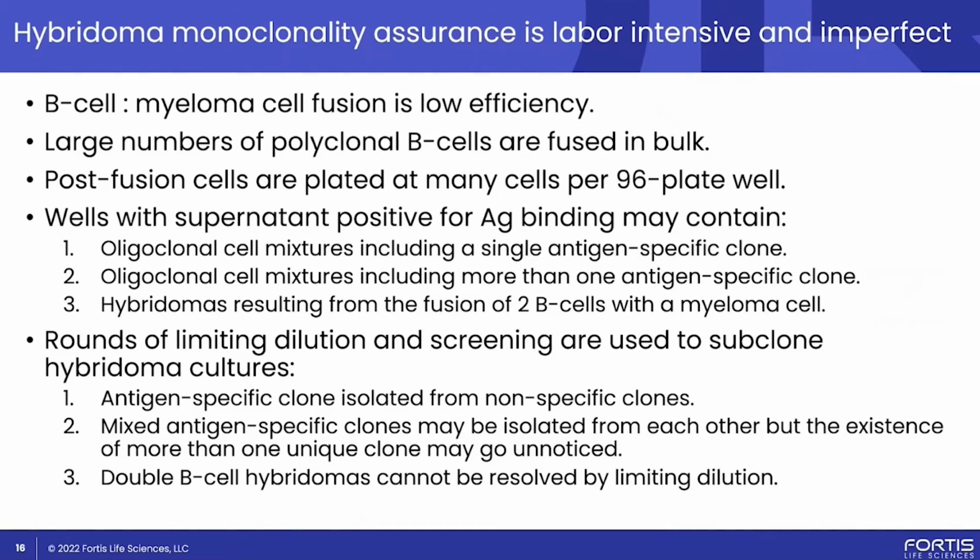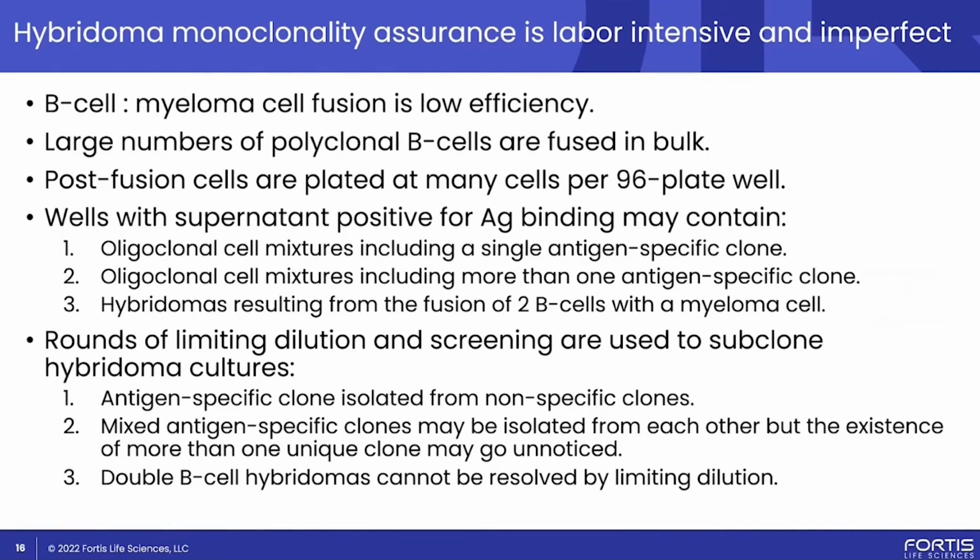In practice, what is very common in scenario number 1 is that you have a hybridoma in there that's producing antibody against your target, but you also have a hybridoma in there that's producing antibody against a different target. And so your ELISA won't tell you that because it's only looking for the specific clone. It's also possible to have oligoclonal cell mixtures that include more than one hybridoma clone, both of which are secreting antibody against the same target antigen.